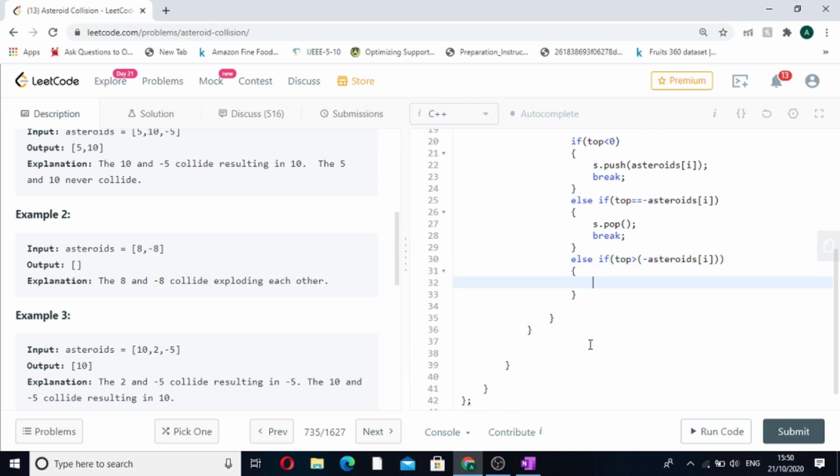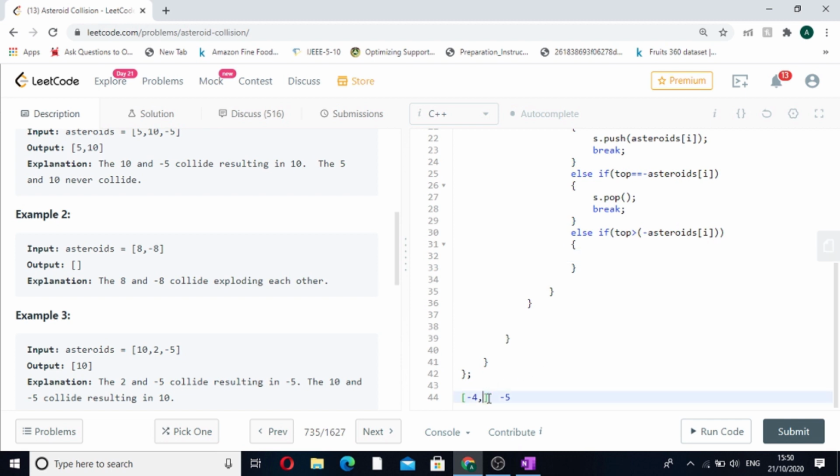Suppose the top of the stack was 10, and we have an asteroid -5 which is colliding with this 10. We know that when a smaller mass asteroid collides with a higher mass asteroid, the smaller mass asteroid will explode. So what will happen in this case? We have to do nothing, we just have to break from the loop.